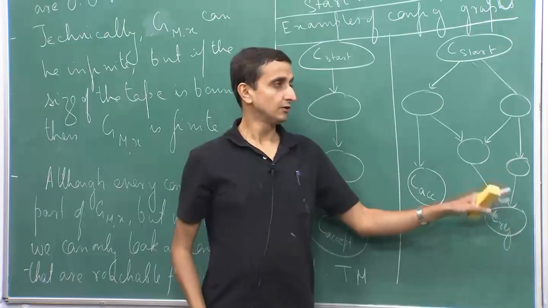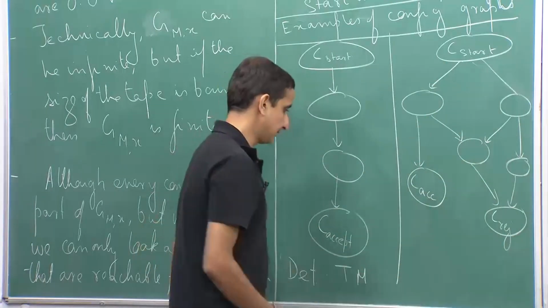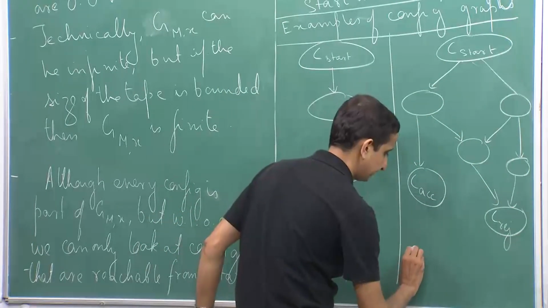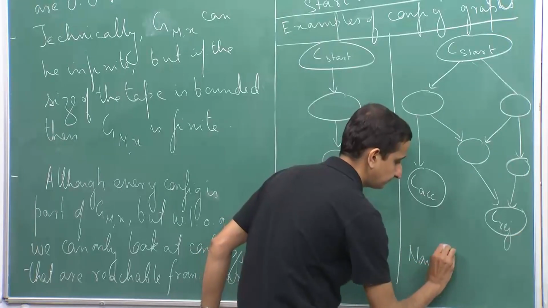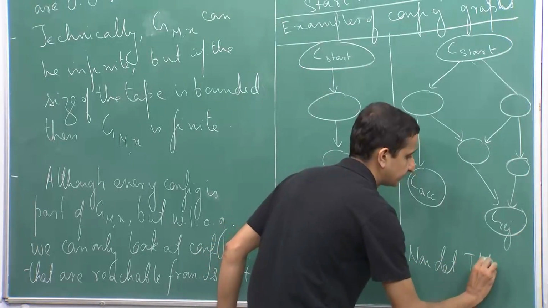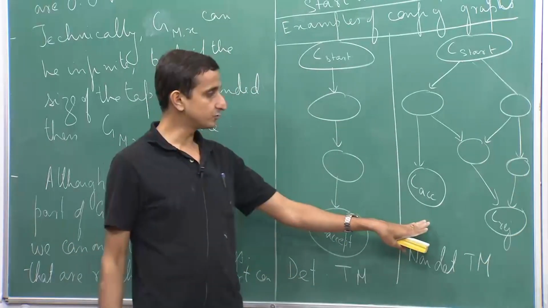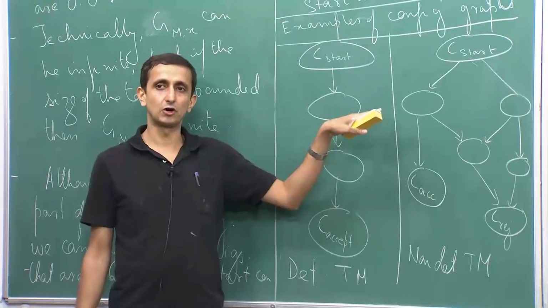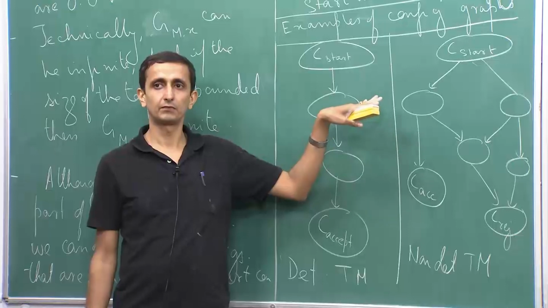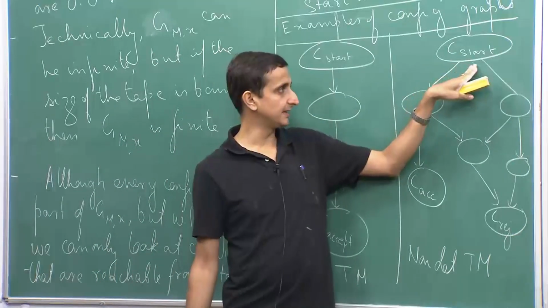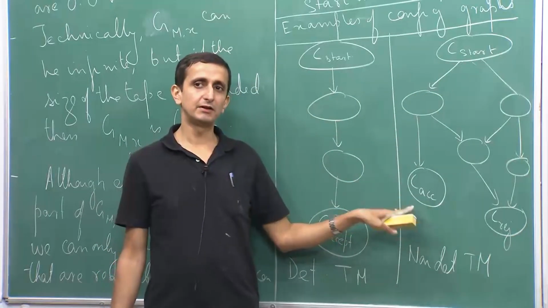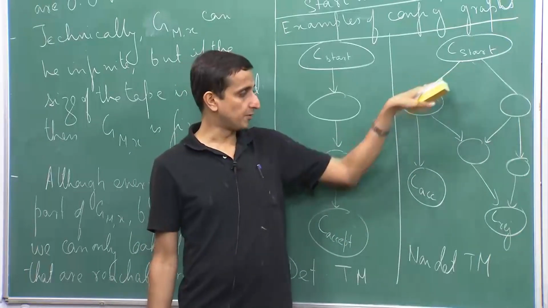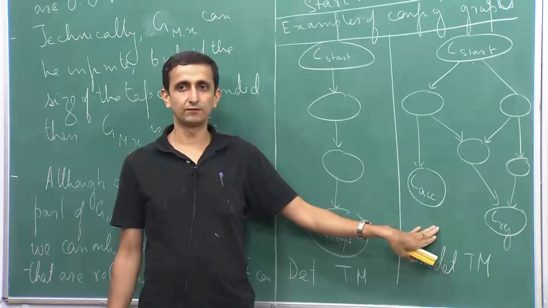Okay. So, this is the configuration graph of a non-deterministic Turing machine. So, in this case, do we accept the input x or not? What do we do? Observe that in this case we should accept the input, because by definition there is a computation path that goes to an accept configuration.